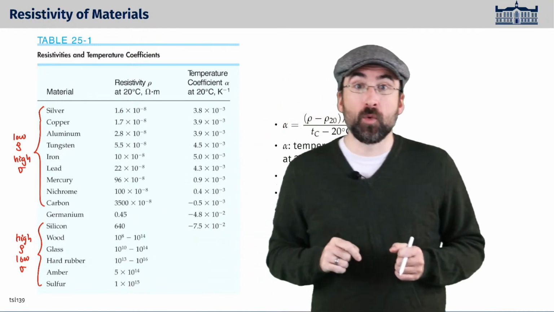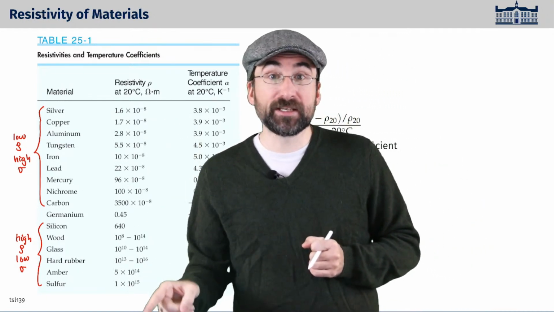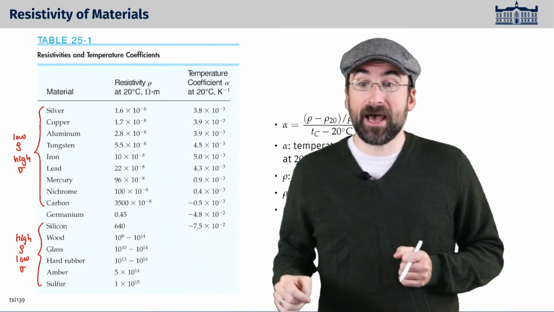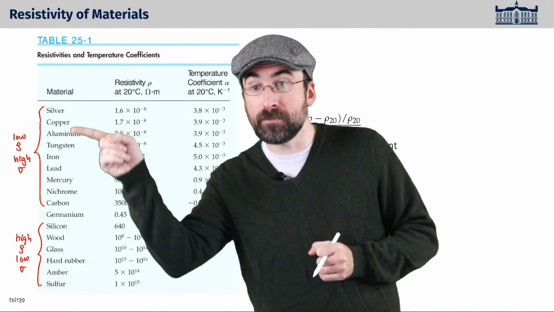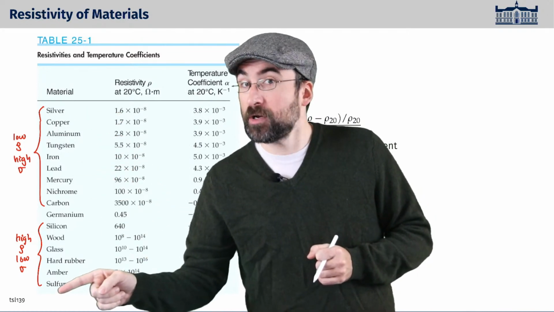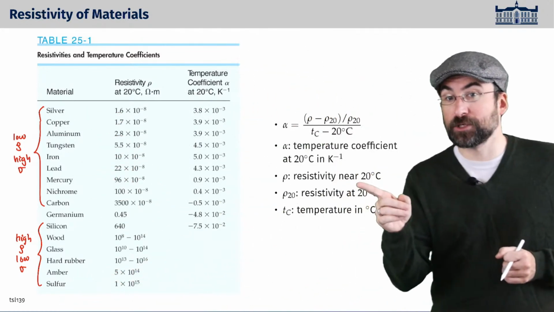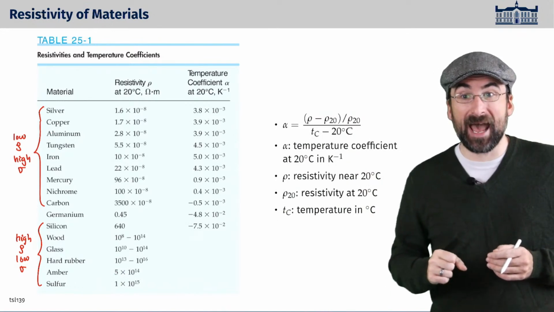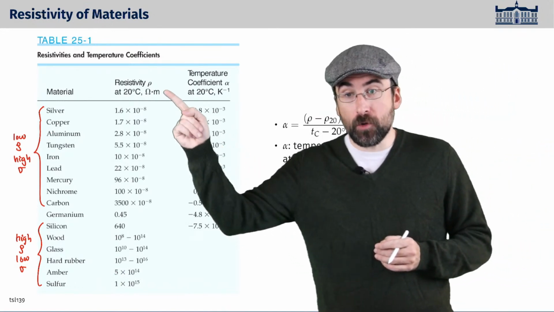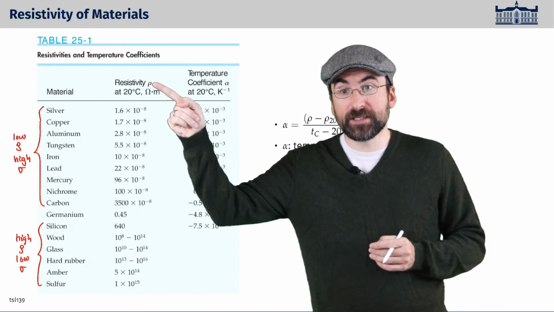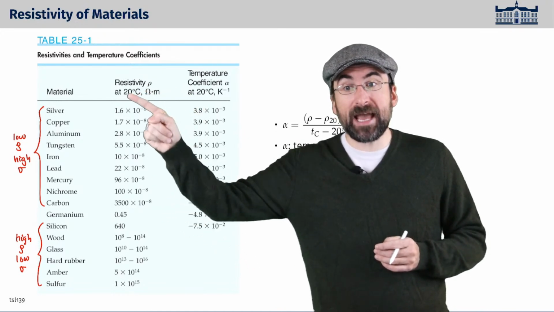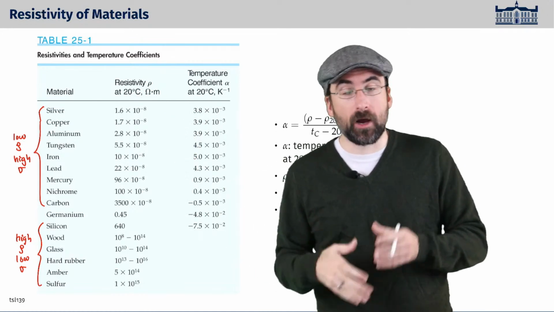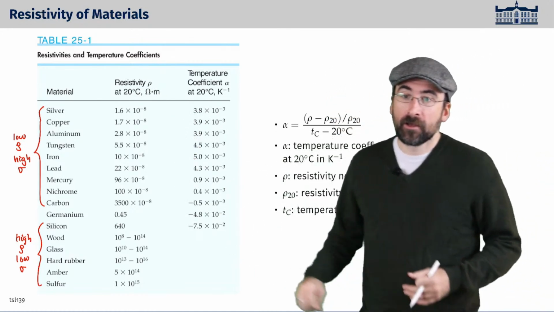The one thing I do want to mention about all of these resistivities, though, is that they actually depend not only on the material, but also the temperature that the material is at. In fact, you'll note that this column here of the resistivities is specifically the resistivity at 20 degrees Celsius, or approximately room temperature.